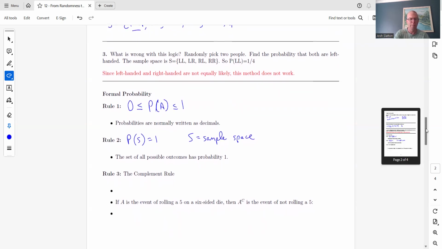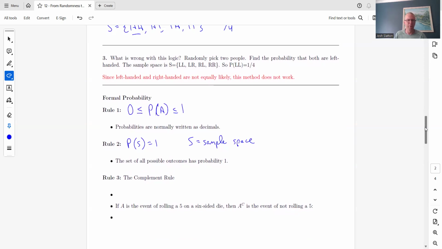So that's all that one is saying. All right, complement rules. Now we're kind of getting in. These are a little bit more useful, and maybe you have not seen these. So a complement is the event where A does not happen.